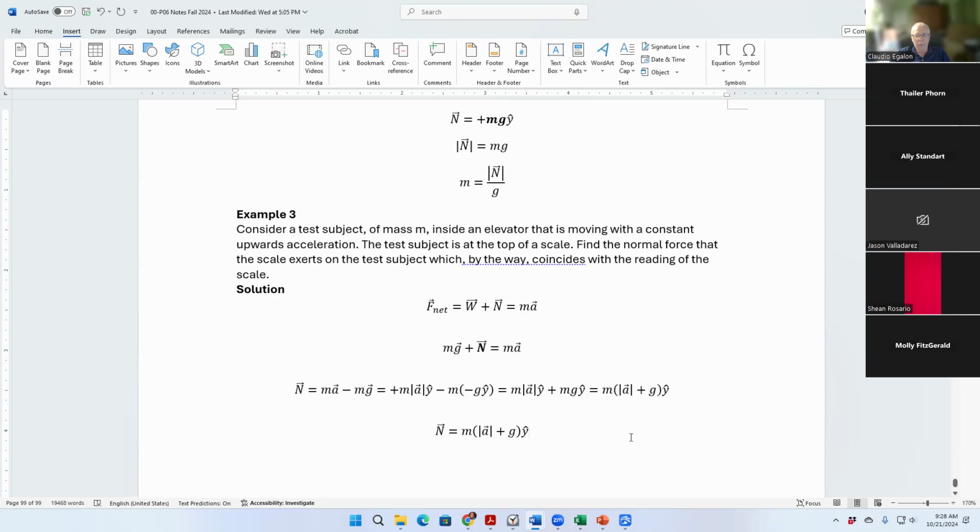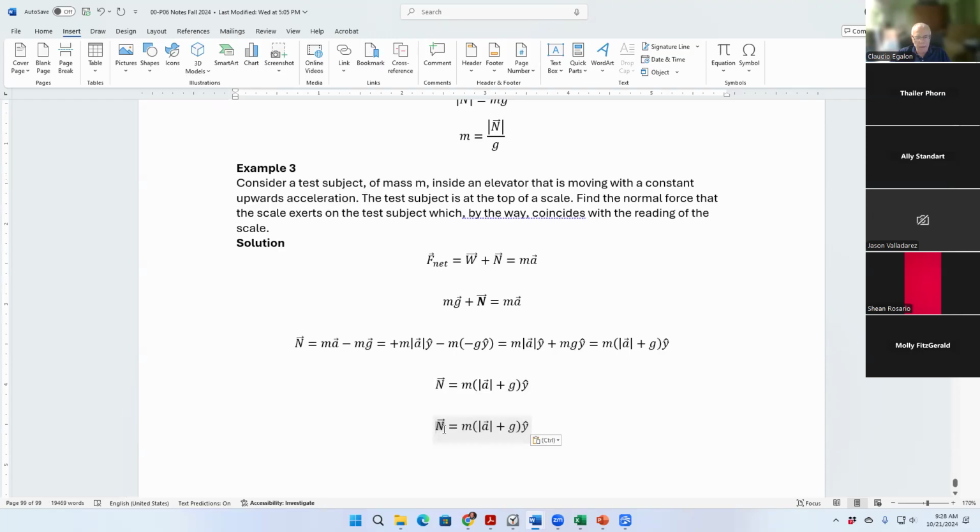Okay, which is gonna be that. And if I write that down in a scalar format, we write it like that.